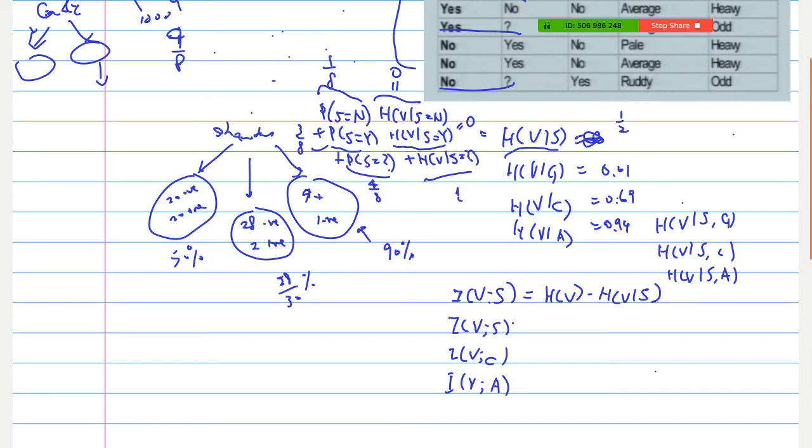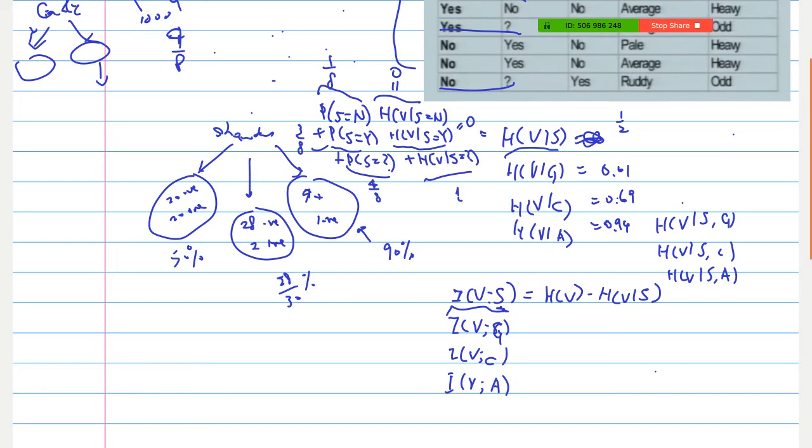We see which of the pair will have the highest mutual information. Therefore, we should pick the shadow test first, and the mutual information is what we want to maximize.